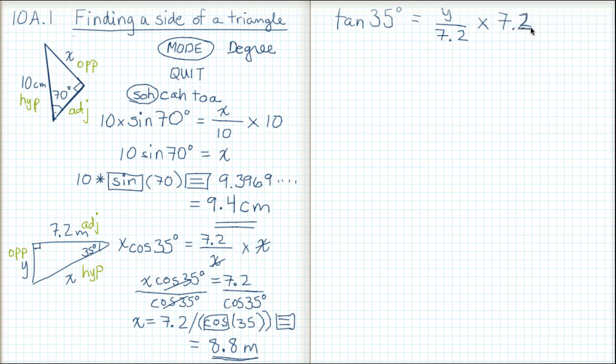That cancels, and this one times 7.2, and I get 7.2 times tangent of 35 equals y. And putting that into your calculator the same way we did before, we get y equals 5.04 or something or other, and so we can round that off to 5.0 meters. Again, to 1 decimal place.